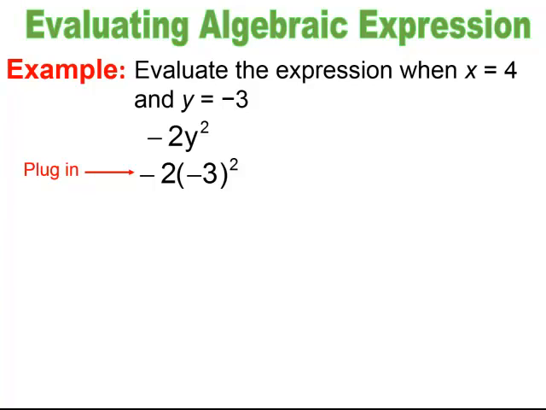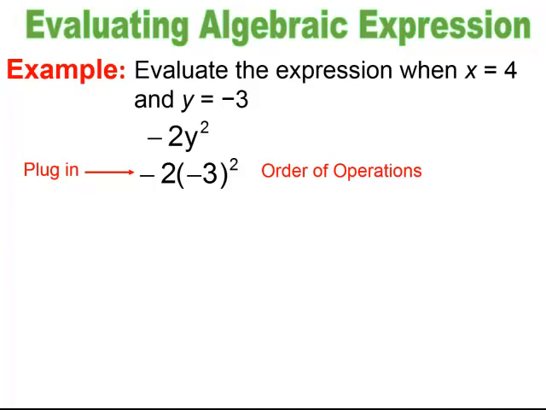Especially with something like this, you want to make sure you're using order of operations, because order of operations means I have to do exponents before I multiply here. I can't multiply that negative 2 to that negative 3, because order of operations states you have to do the exponent first.